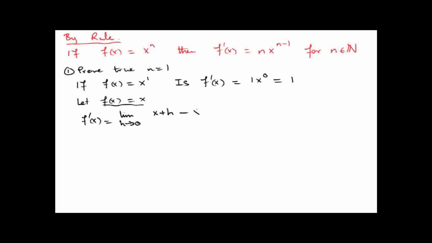Minus f of x, isn't that just minus x? All divided by h. Plus x minus x cancels out. So that's the limit as h goes to 0 of h over h, which is the limit as h goes to 0 of 1, because the h cancels with the h.